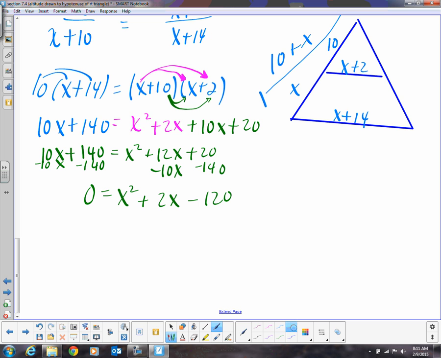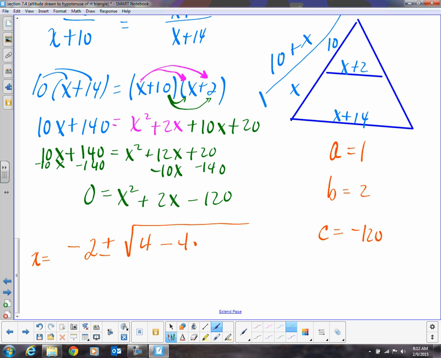So what is A? 1. What is B? And what is C? Negative 120. So x is going to equal the opposite of b plus or minus the square root of b squared minus 4 times a times c all over 2a.